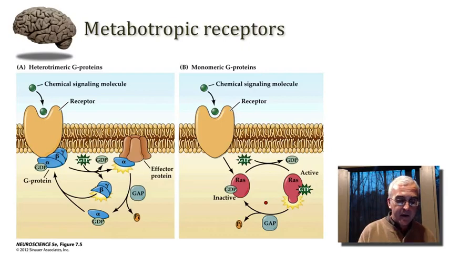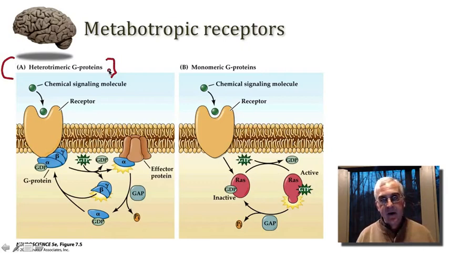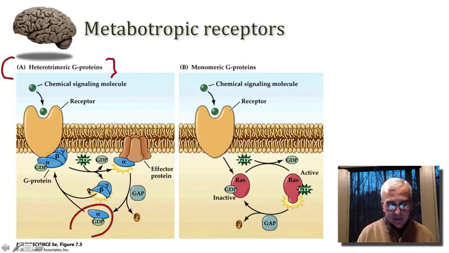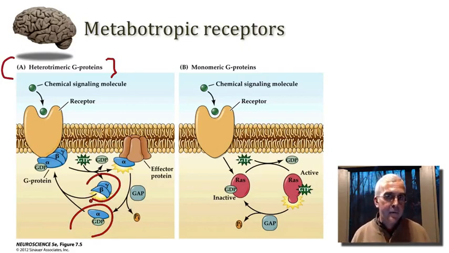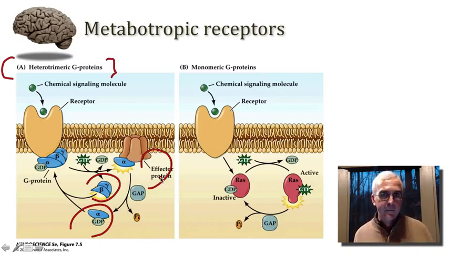We have our more canonical heterotrimeric G protein systems illustrated to the left, and so activation of G proteins alpha as well as the beta and gamma G proteins can go on and mediate a variety of postsynaptic effects interacting with effector proteins, some of which may produce second messengers themselves, others which may activate enzymes that can lead to the phosphorylation of target proteins and the activation of a variety of systems within postsynaptic cells.